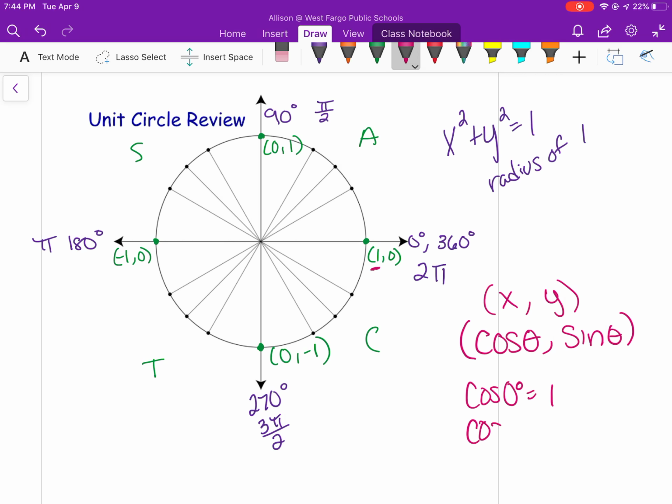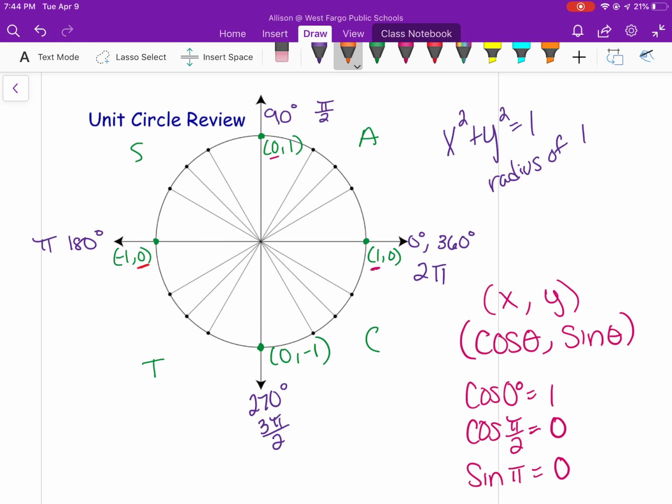Or the cosine of pi over 2, or 90 degrees, is 0, because the x coordinate there is 0. And the sine of pi, or 180 degrees, would be 0 as well, because sine corresponds with the y values along the unit circle.